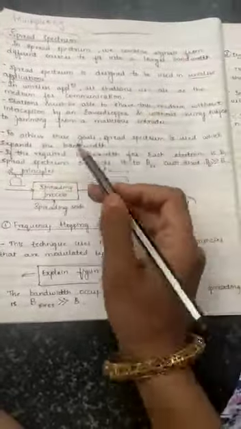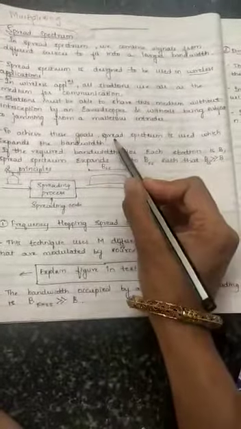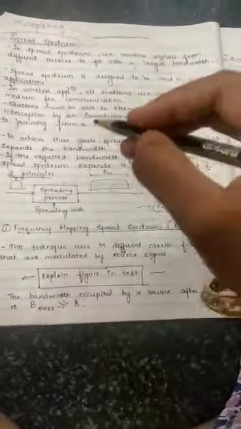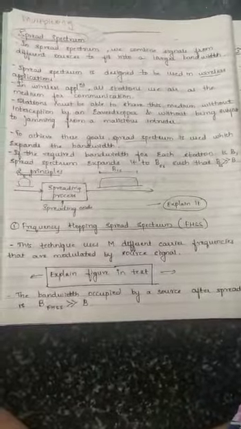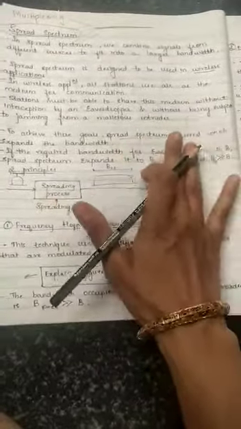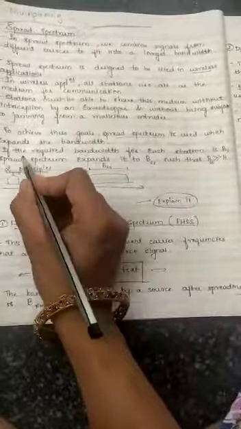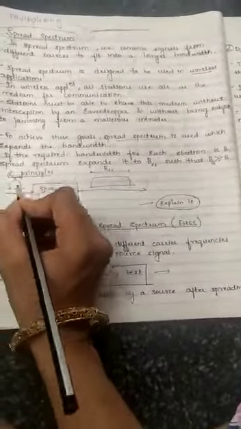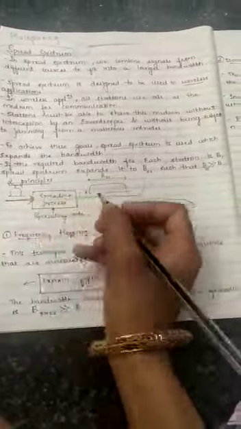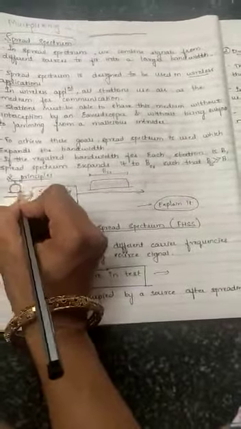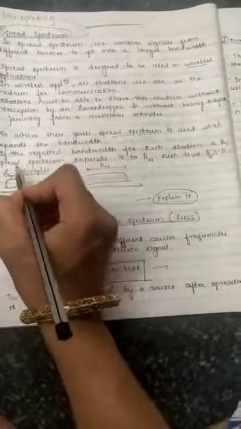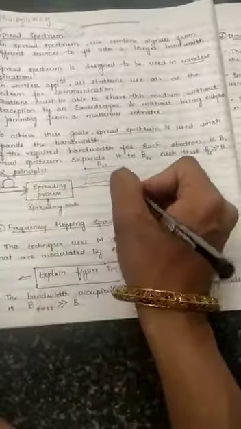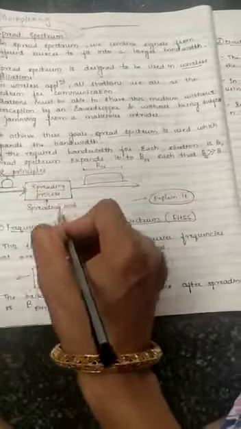To achieve these kinds of goals, we make use of spread spectrum, which expands the original bandwidth into some extension. Suppose the required bandwidth for each station is B. In this diagram, this is the original bandwidth of length B. The spread spectrum expands this bandwidth, which is the spreading process.